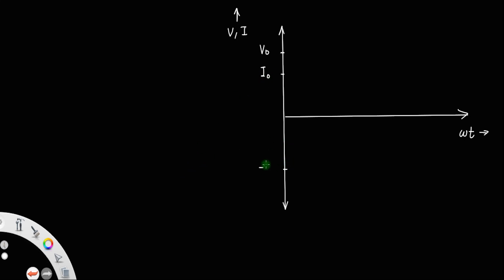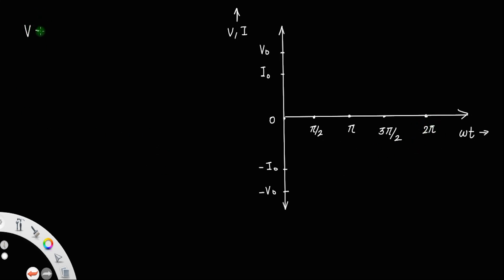Similarly, there will be corresponding values on the negative axis also, so minus V0 and minus I0. Let's mark 0, 90, 180, 270, and 360. That means one complete cycle, one full rotation, which in radians is 2 pi.